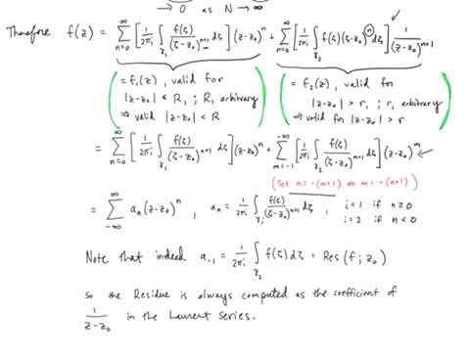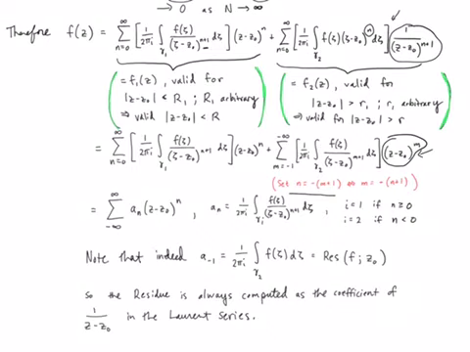And you can easily invert this to see that m has got to be equal to negative n plus 1. So that tells us that this negative n plus 1 power of z minus z naught is z minus z naught to the m, and that n going from 0 to infinity is the same as m going from negative 1 to negative infinity.